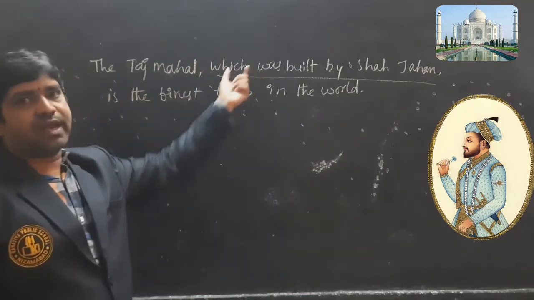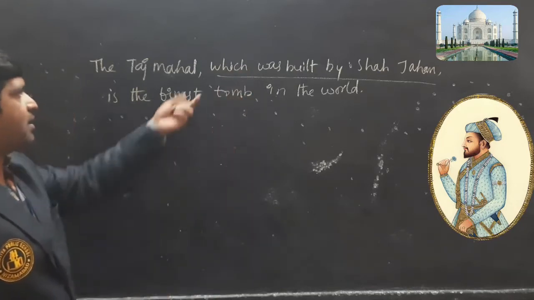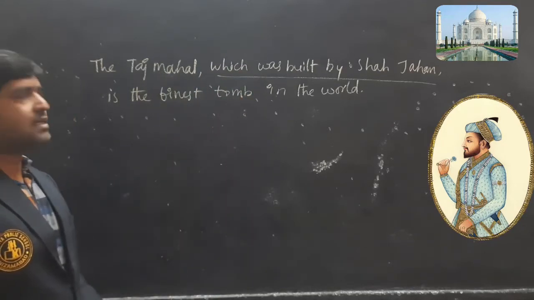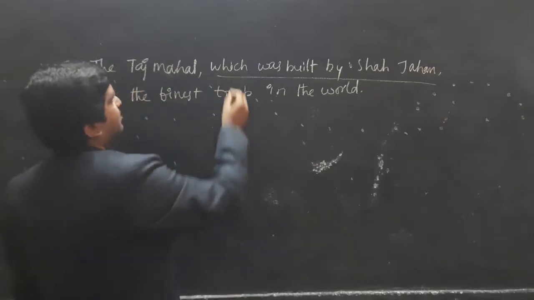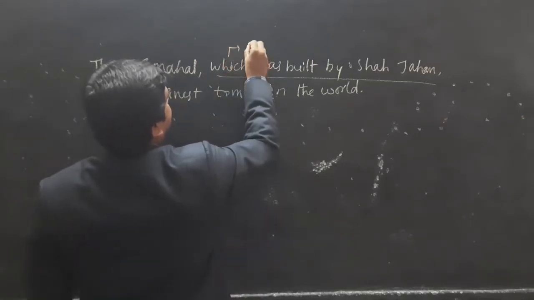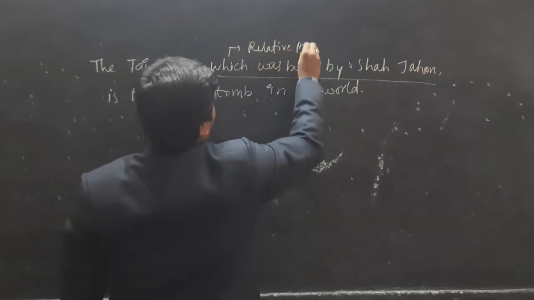Here we are adding two sentences as a single sentence. We wrote two sentences as a single sentence by using which. Here this which is a relative pronoun.